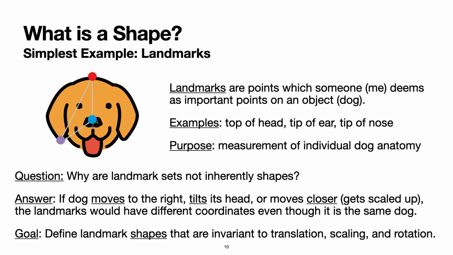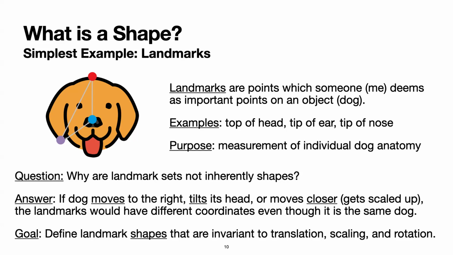So ideally, the same dog would be measured in the same way, no matter if it moves or rotates or gets closer, it's still the same dog. So we still want a landmark set shape to be measured the same way, no matter if any of these things happen.